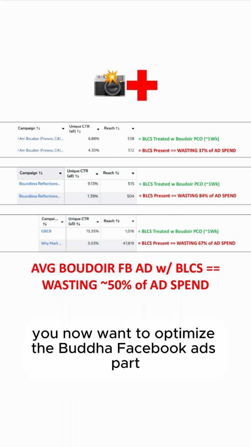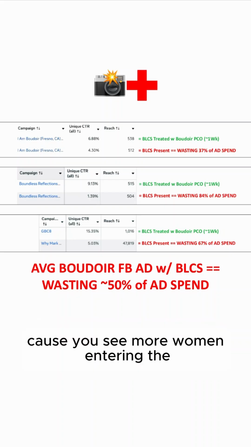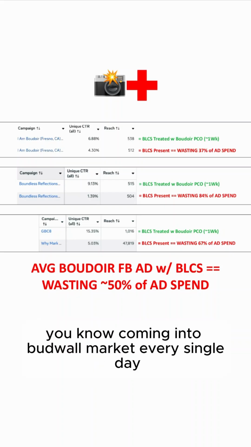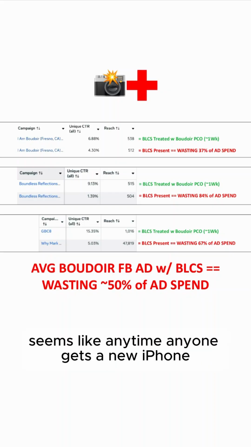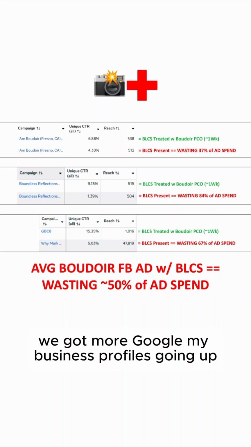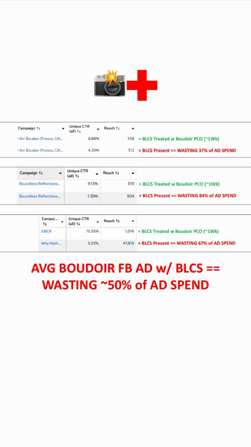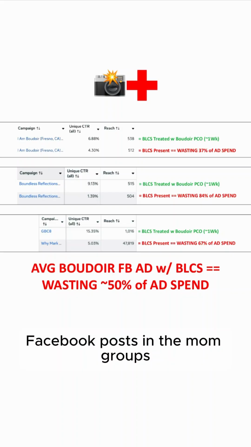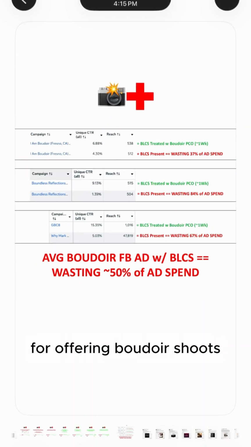So you now want to optimize the boudoir Facebook ads part because you see more women coming into the boudoir market every single day. Seems like anytime anyone gets a new iPhone, we got more Google My Business profiles going up. Anytime anyone gets a new camera, we're getting more Facebook posts in the mom groups offering boudoir shoots.